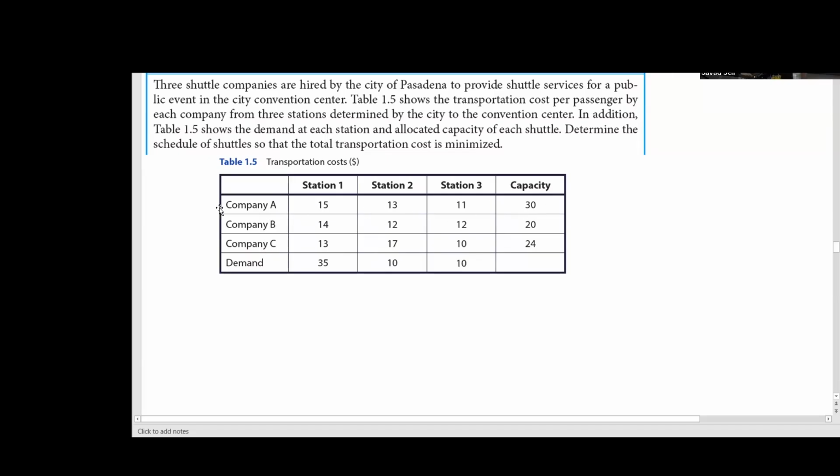This is how many people company A can take, and how many companies B and C can take. And this is their cost: $15 per passenger, this one is $14 per passenger, and so forth. So it wants you to determine the schedule of shuttles so that the total transportation cost is minimized.